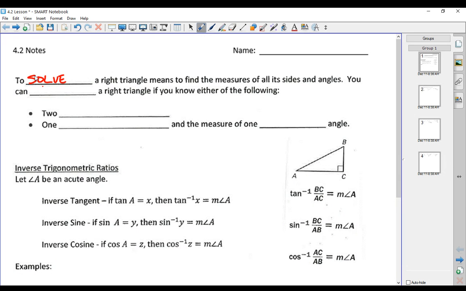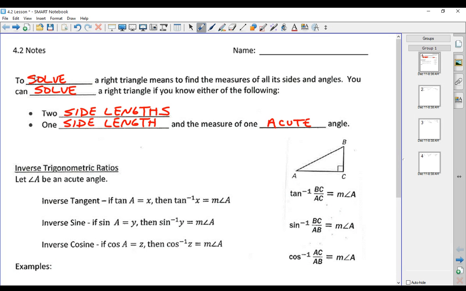You can solve a right triangle if you know either of the following: 2 side lengths, or 1 side length and 1 acute angle.